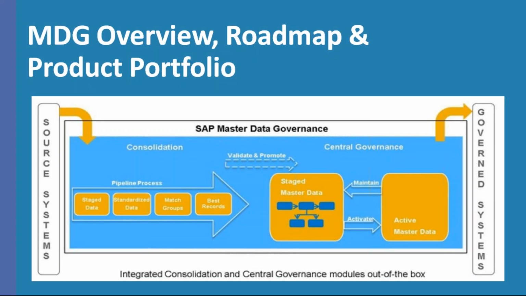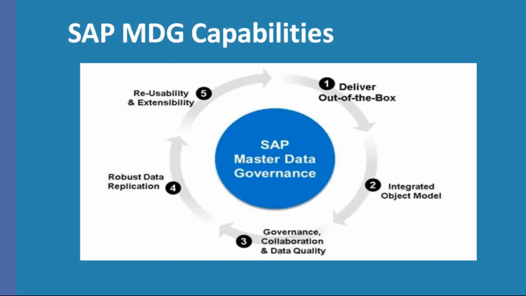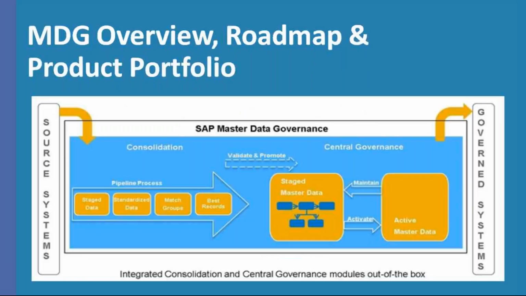This is one quick portfolio view of the architecture, and again it's more or less the same story. On the left-hand side is the source system, on the right-hand side the target system, and in the middle you have MDG. Here you can consolidate the processes based on the different systems. You collect the data, go through the consolidation processes, and finally prepare the data.